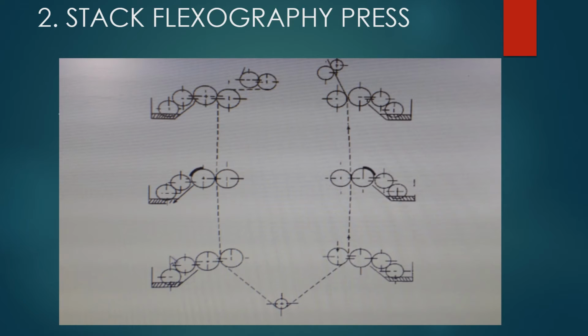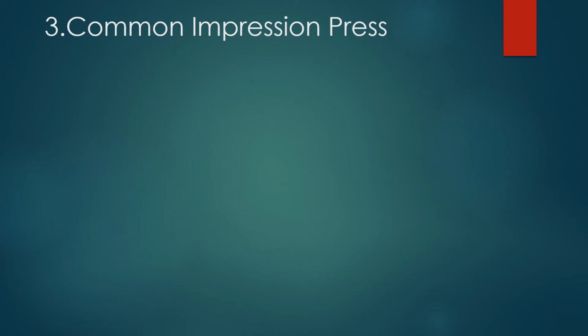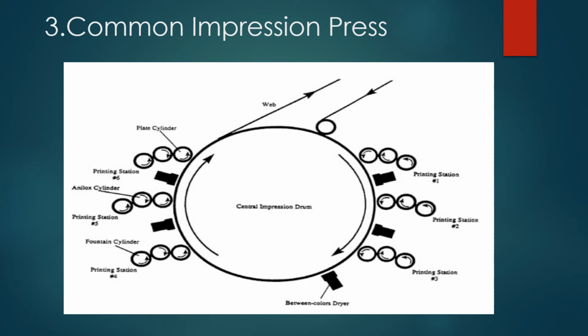Working, we already have discussed the basic working in inline press. So we'll move on to the third type of machine. The third type of machine is the common impression press. This is the schematic diagram of common impression press.